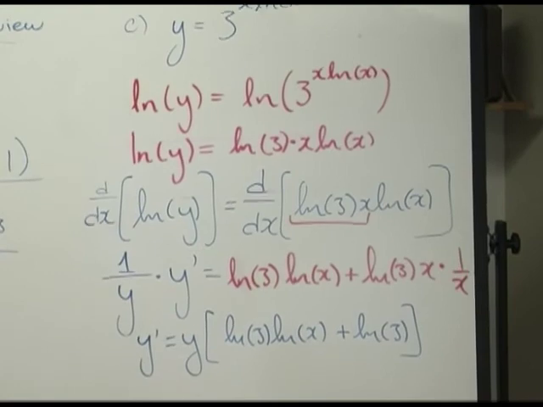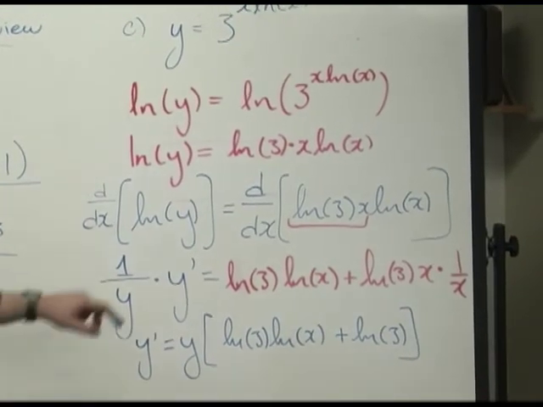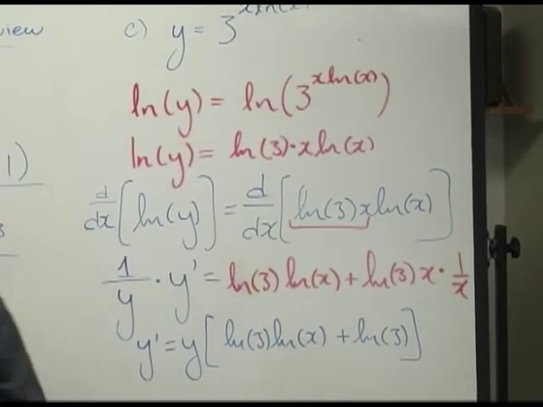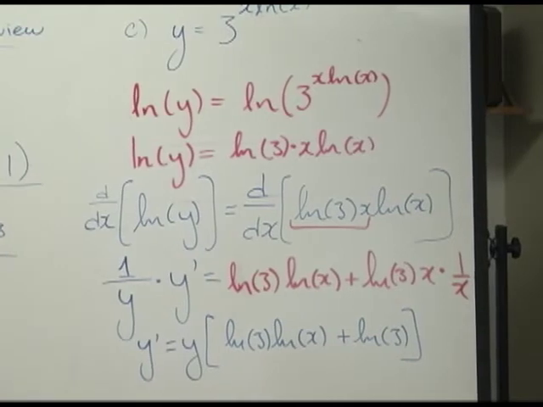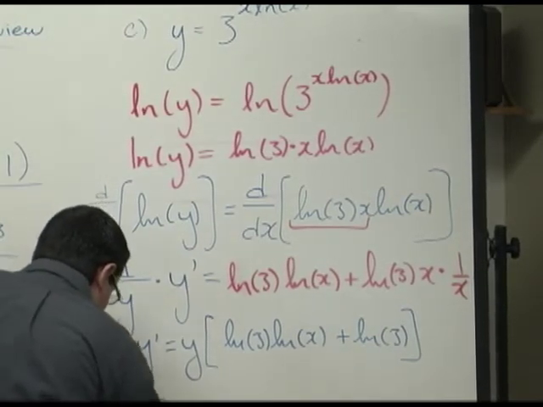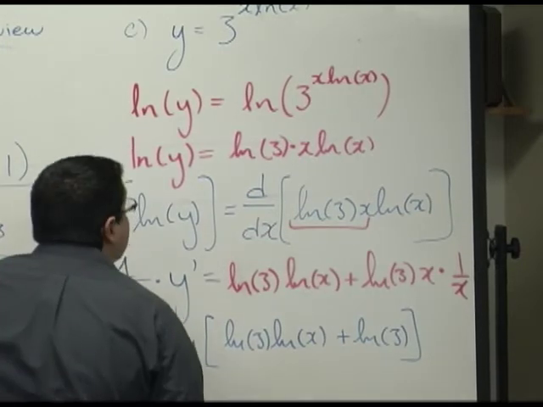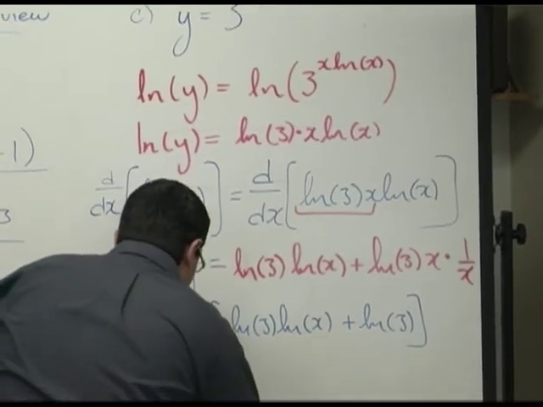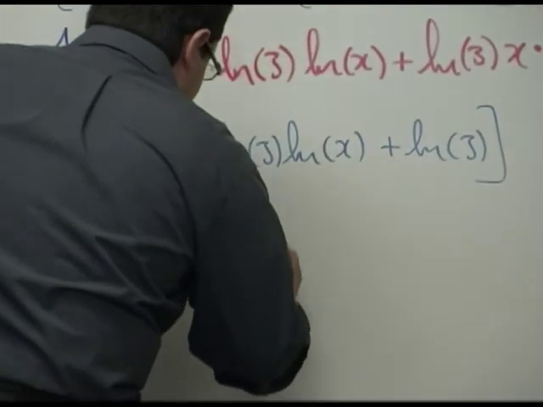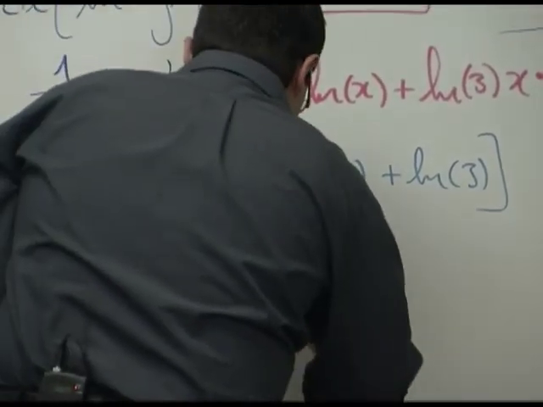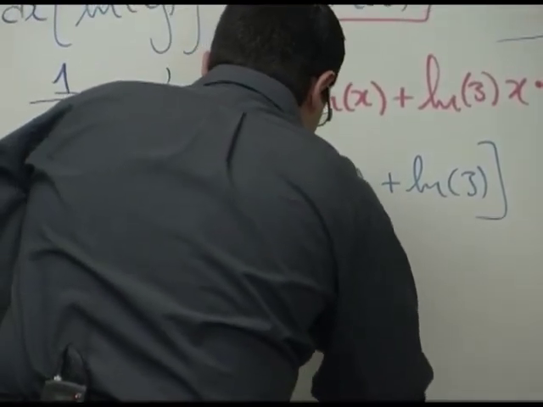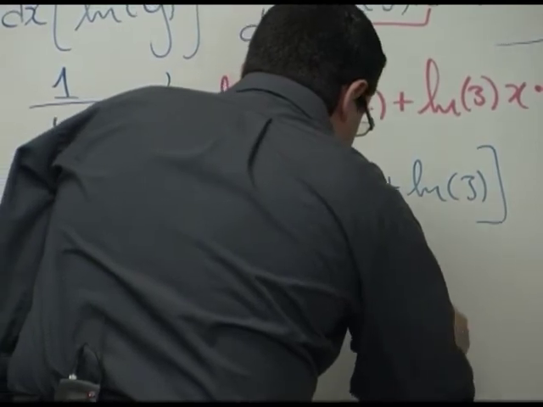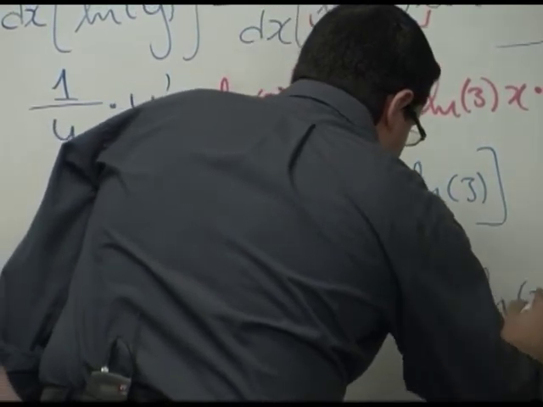What's y equal to? 3 to the power of x ln of x. Okay? So in this case, your derivative is 3 to the power of x natural log of x times the natural log of 3 natural log of x plus the natural log of 3.